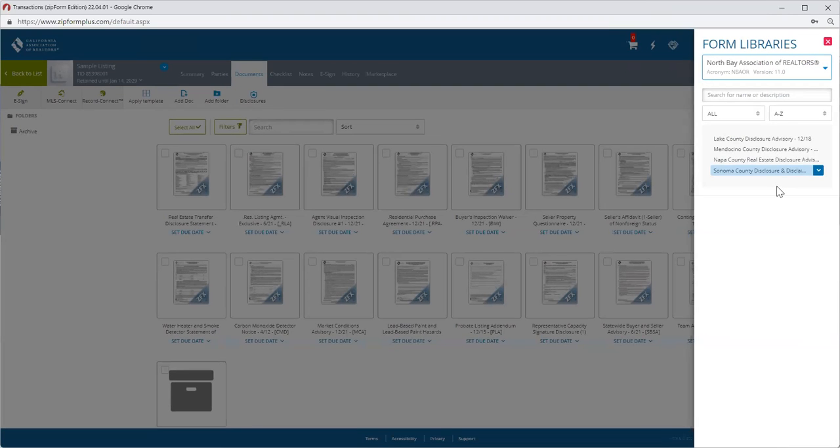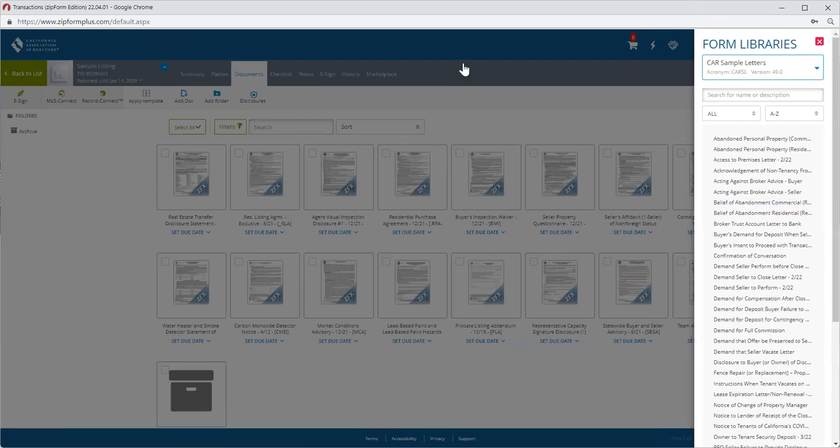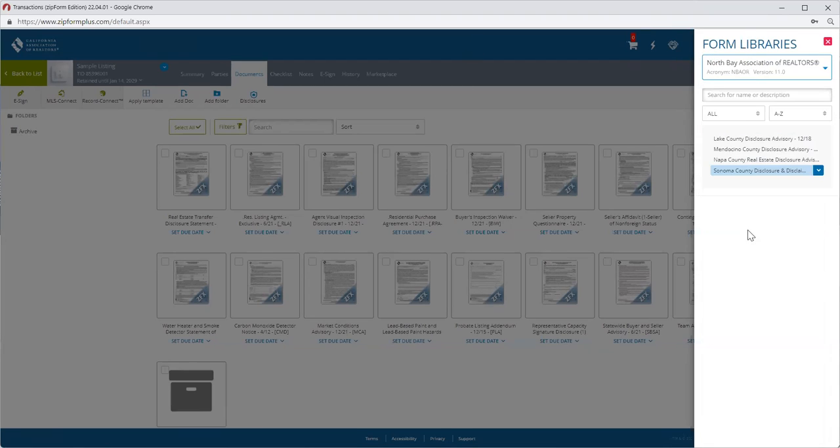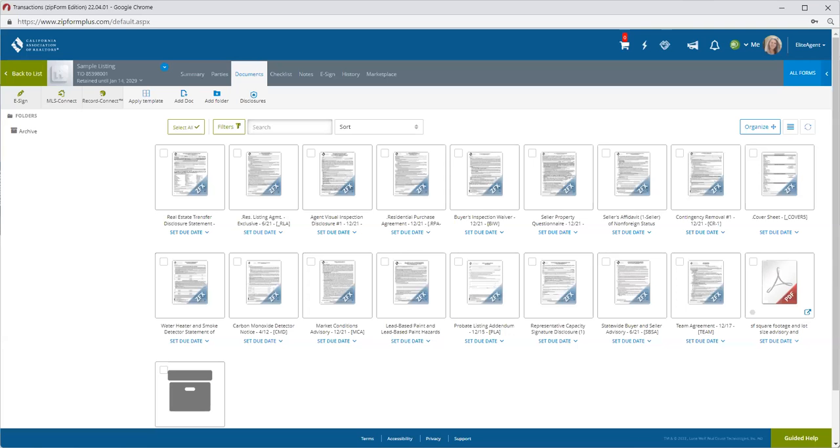When you click on it, you get access to all those different documents. They just have the 4 area disclosures right now, but they may add more over time. That's a convenient way to search for your local disclosures.